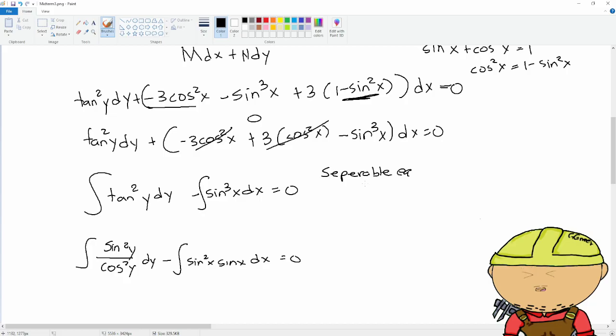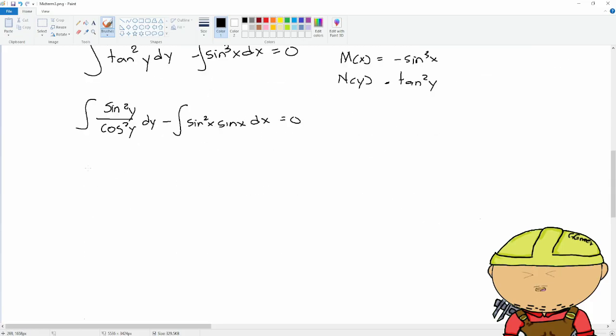Separable equation, your M of x is negative sine cube x, and your N of y is tangent square y, right? Applying some trigonometric identities, sine square y is equal to 1 minus cosine square y, over cosine square y dy, and that will become 1 over cosine square y minus 1 dy, right?